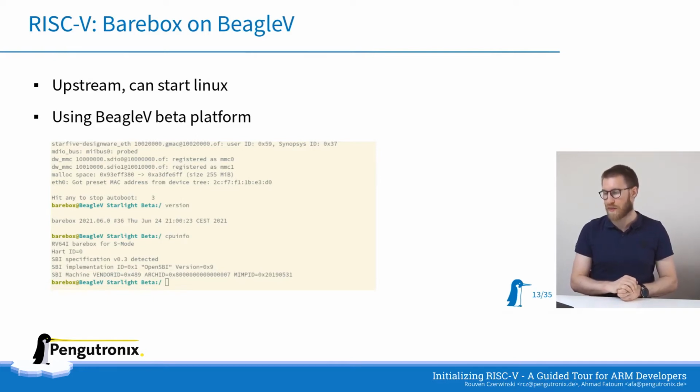So in this case we can also see that the Beagle-V implements S mode and Barebox is running within S mode, but the specification in this case is much higher than it is in the QEMU case, because QEMU only implements an older specification of the SBI, the supervisor binary interface.